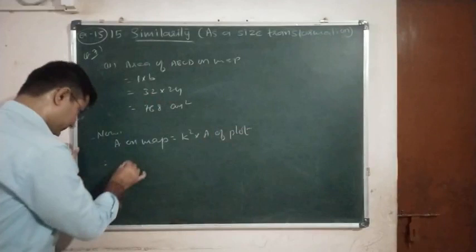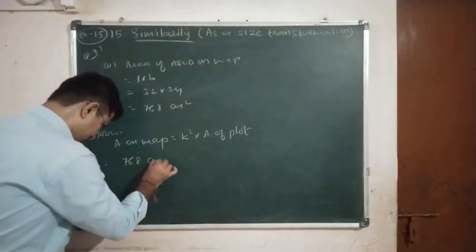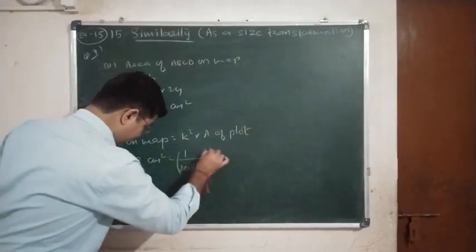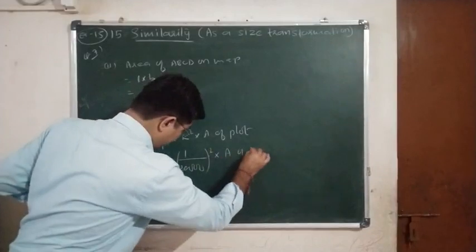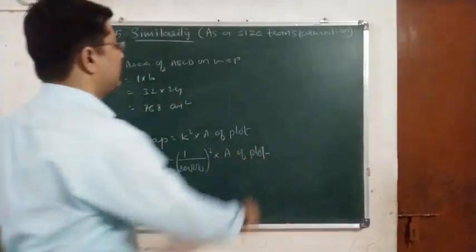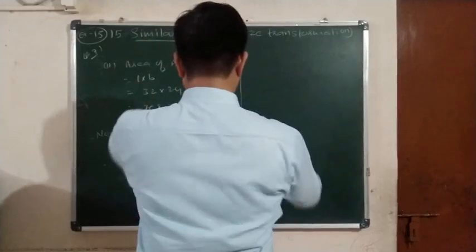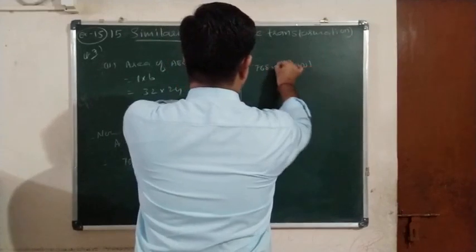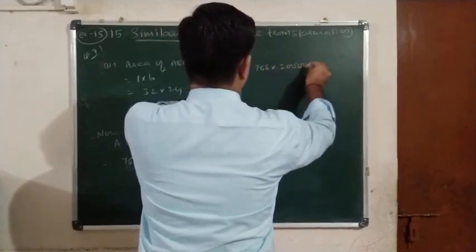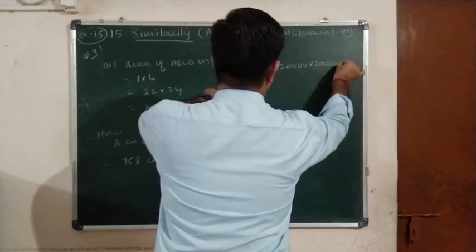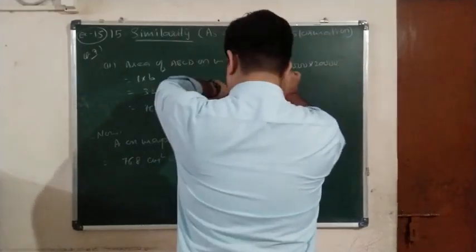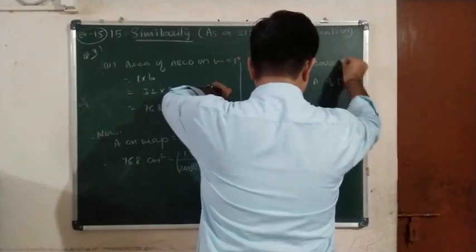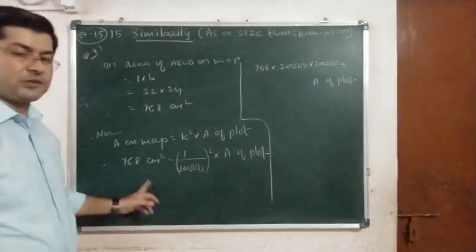So area on map 768 square centimeter is equal to 1 upon 20,000 square into area of plot, therefore 768 into 20,000 square, or we can write now 20,000 into 20,000 is equal to area of plot. Okay, now this answer will be in square centimeters.